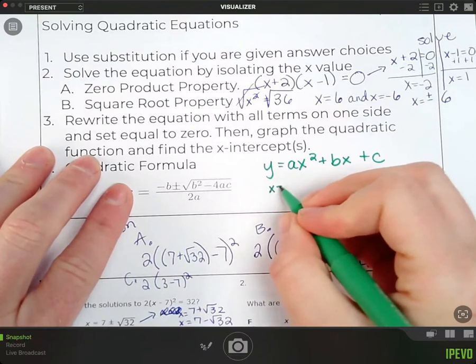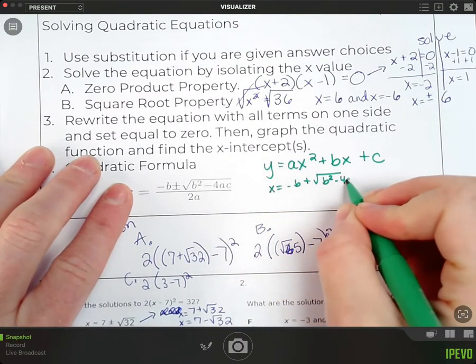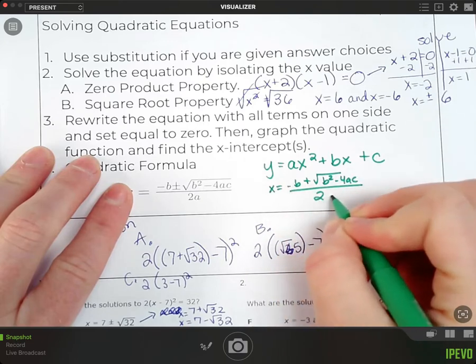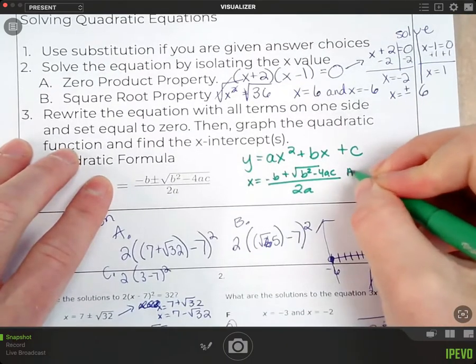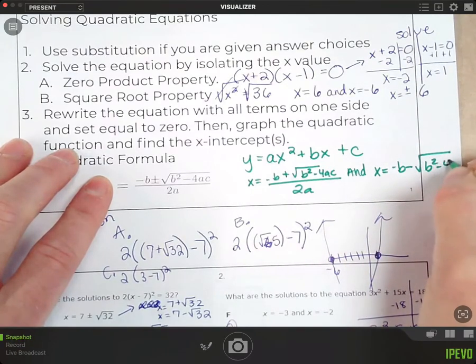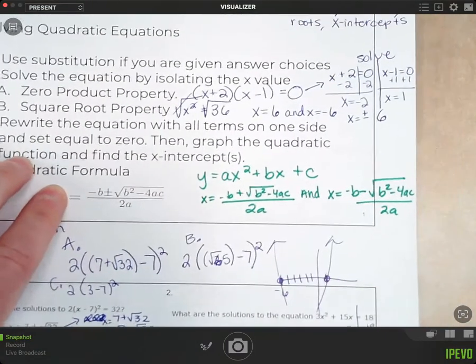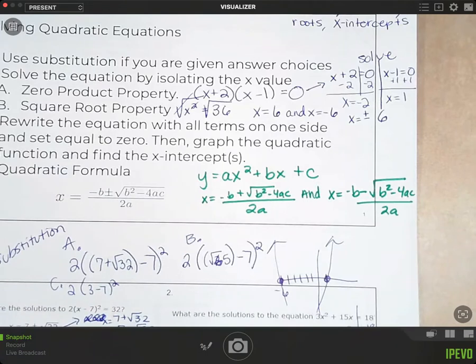You'll say that X equals negative B plus square root of B squared minus 4AC over 2A, and X equals negative B minus square root of B squared minus 4AC all over 2A. So you have actually two answers. That's what that plus minus means.